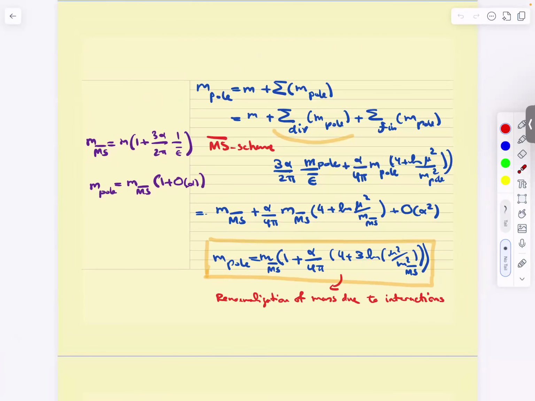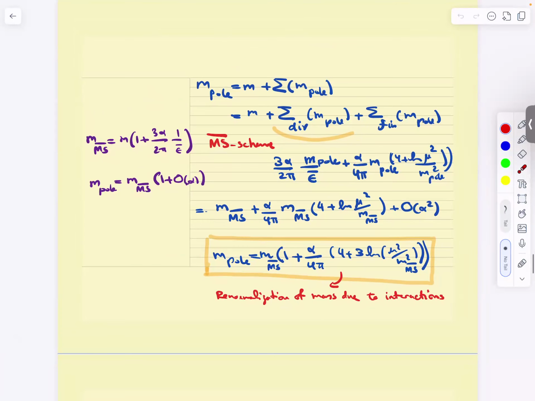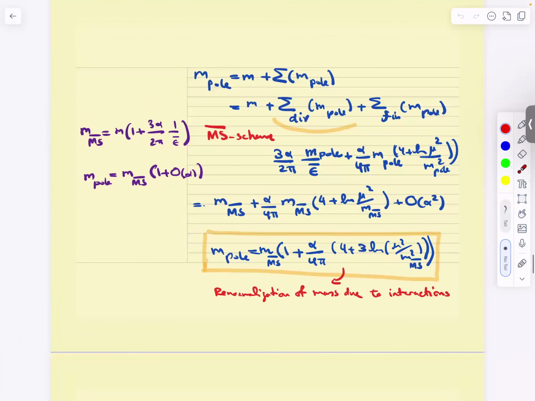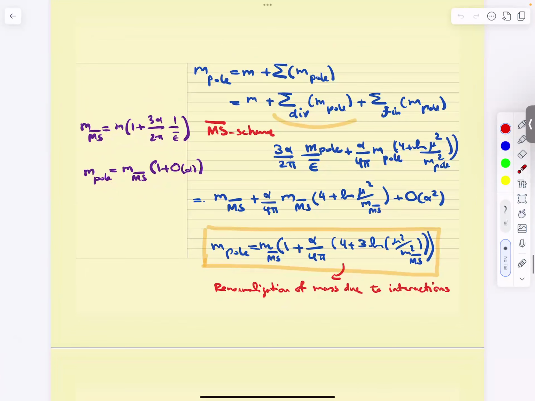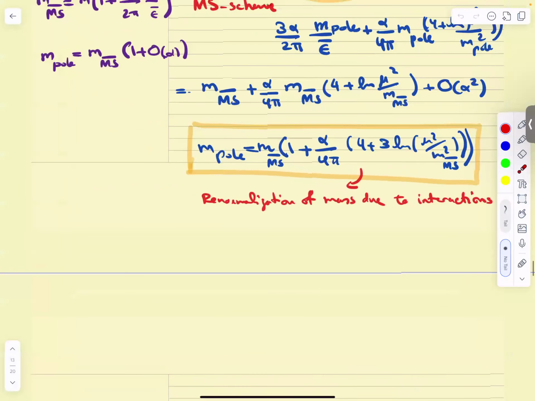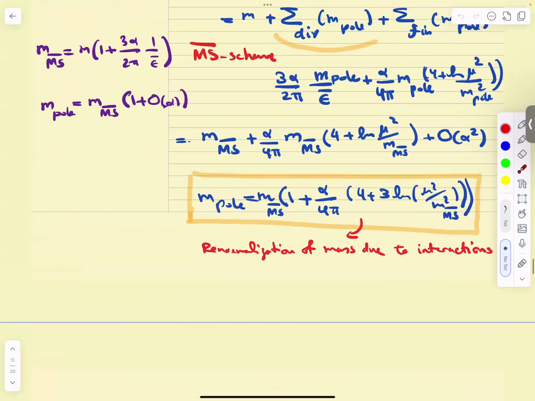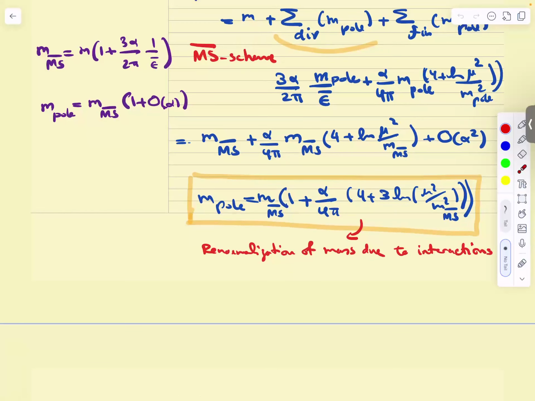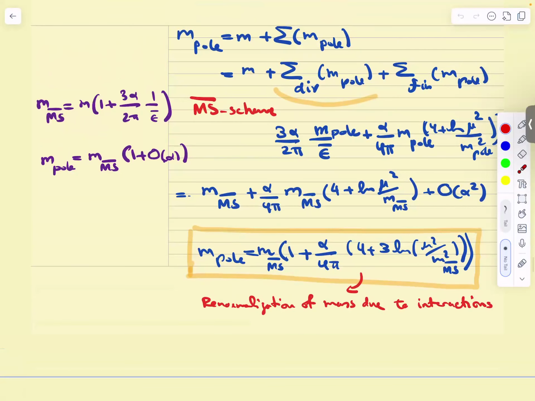I don't know if I want to walk you through this algebra, but let me. Well, you can see it in the notes. So the first observation is that mass renormalization is infinite. That shouldn't be surprising.